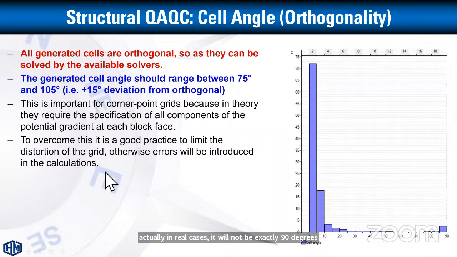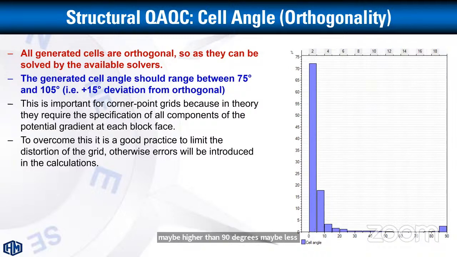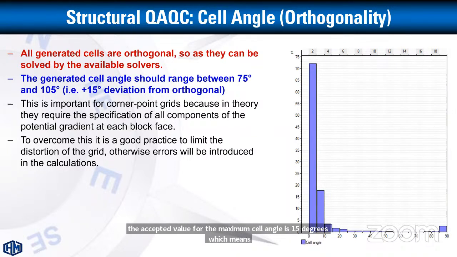So in this property, you can calculate the deviation in the cell angle from 90 degrees, maybe higher than 90 degrees, maybe less. The accepted value for the maximum cell angle deviation is 15 degrees, which means 15 degrees of deviation from the orthogonal.